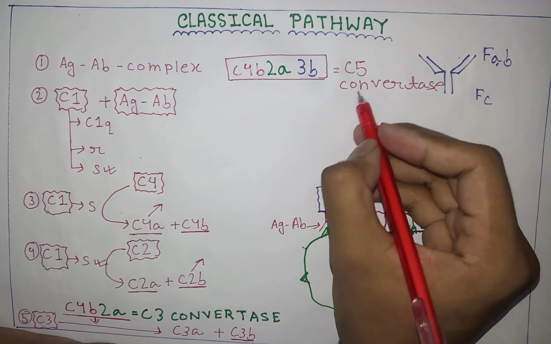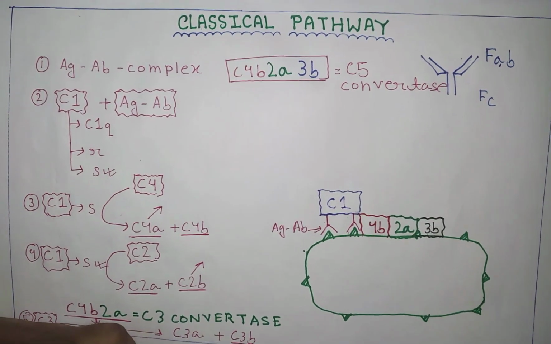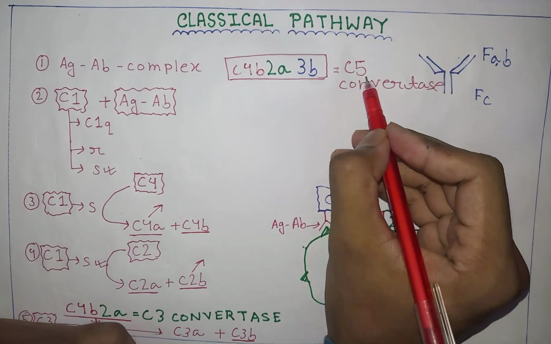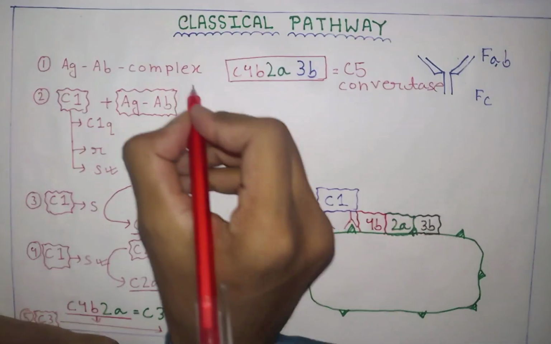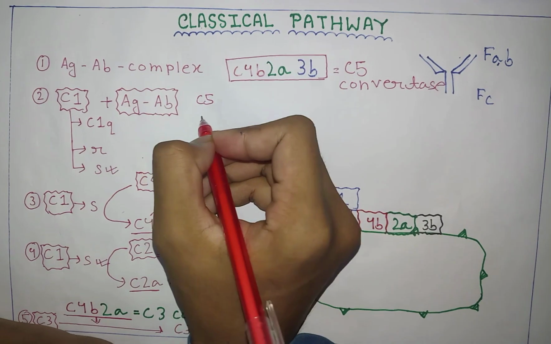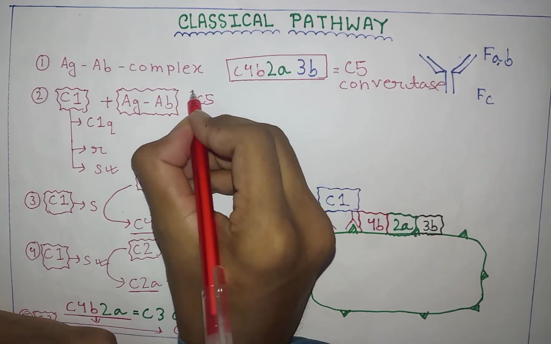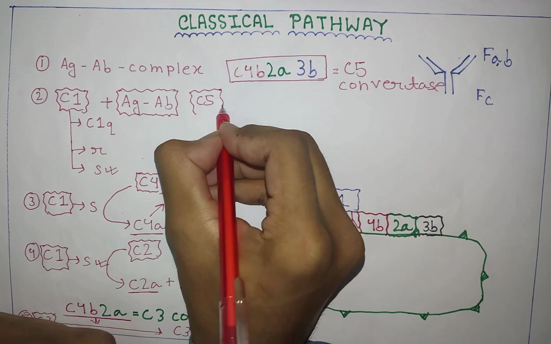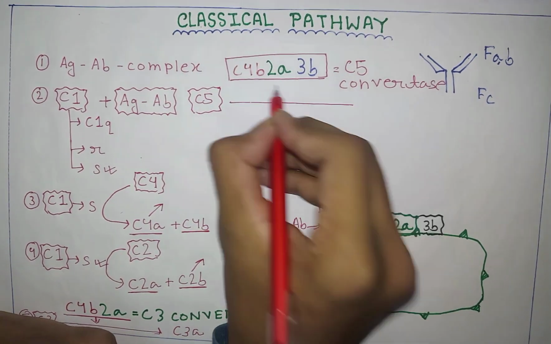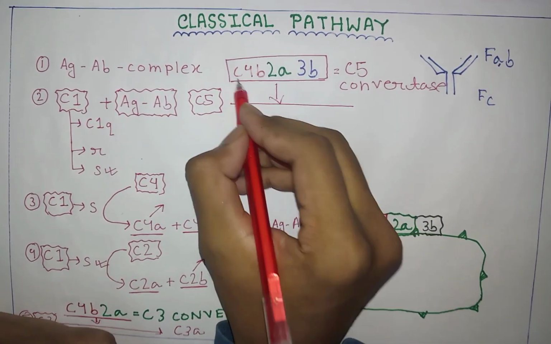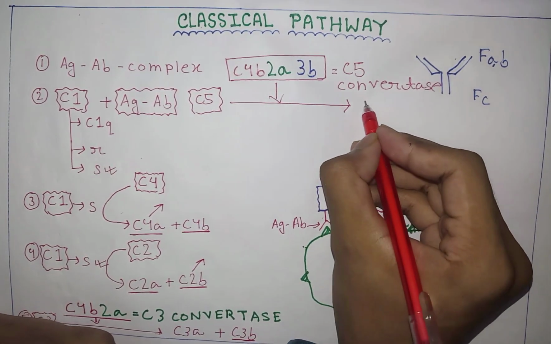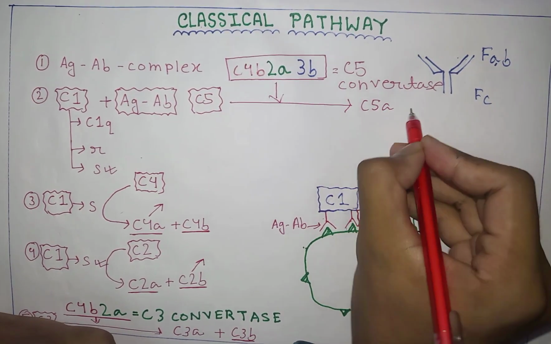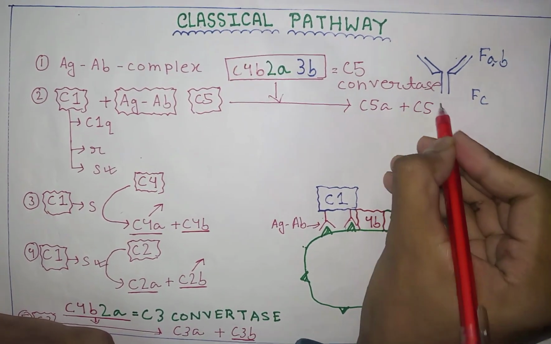Before, when the C3 complement came, but now it is C5. That means the C5 complement will come and be cleaved by this C5 convertase into C5A and C5B.